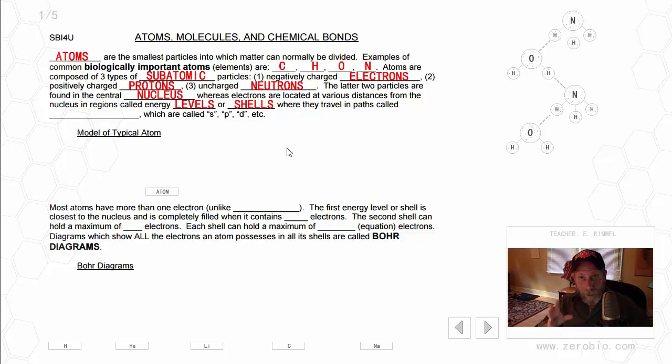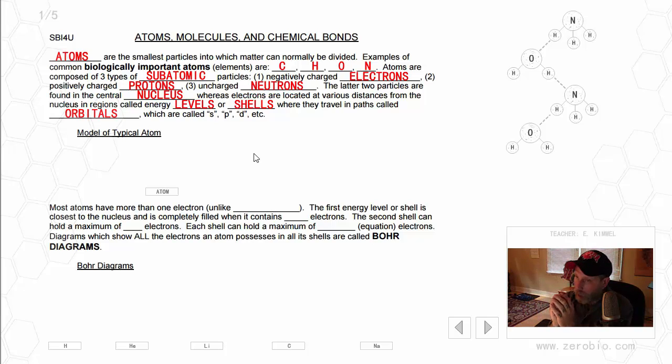So we're going to look at a diagram, like I said, in a moment, but you've got the nucleus with the protons and the neutrons, and then the electrons are located at various distances, going out from that central nucleus in regions which are called levels or shells, or energy levels or shells. And those electrons travel in paths called orbitals. I mean, think of a satellite orbiting the moon, right? A satellite is a big thing, or a planet orbiting.